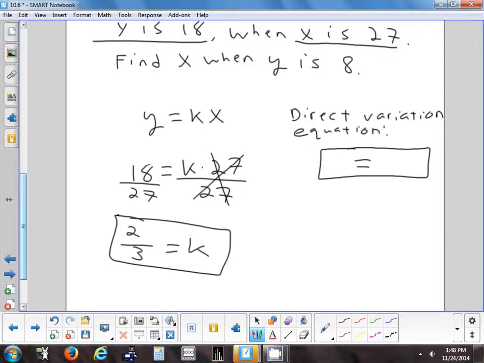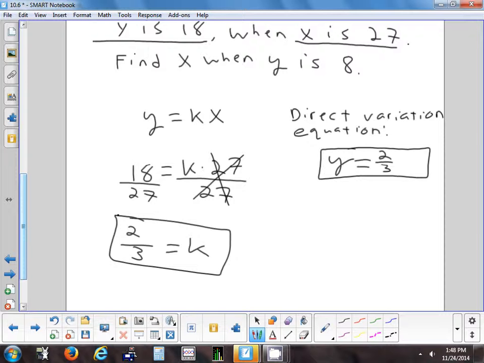It's giving you y, right, Tyler? What's y? Look on the top of the board. We're going to leave the x and the y there. What did we just get? k, right? What's k? We just solved for it. 2/3. And then somebody tell me the last part of that equation is what?